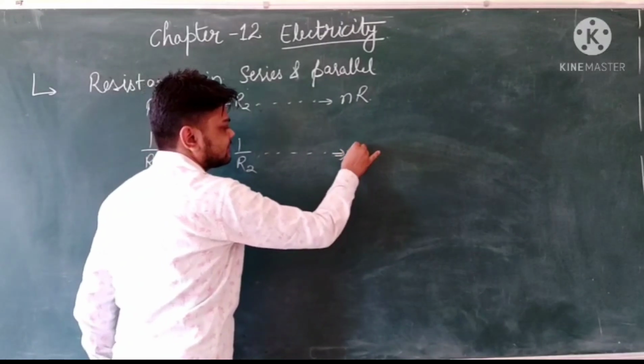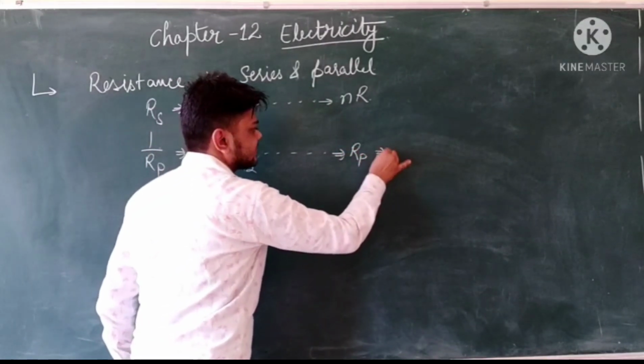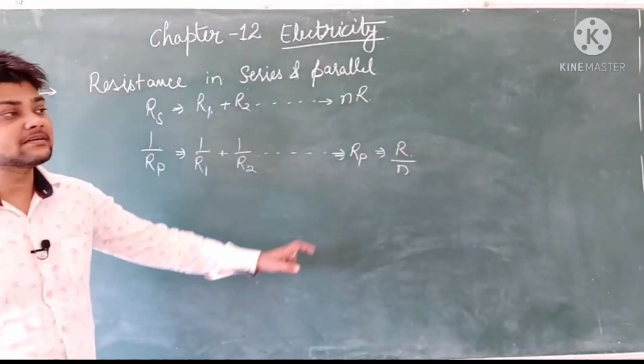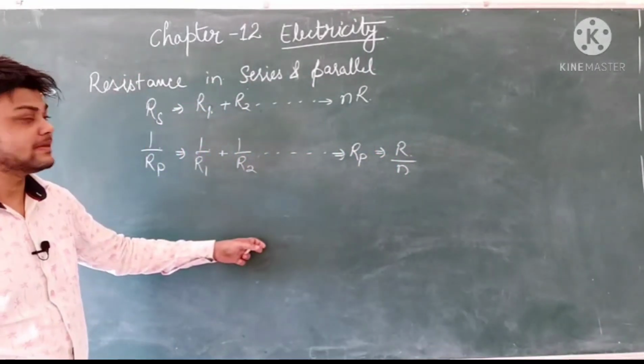Here we calculated that resistance in parallel was equal to R by n for n identical resistors connected in parallel.